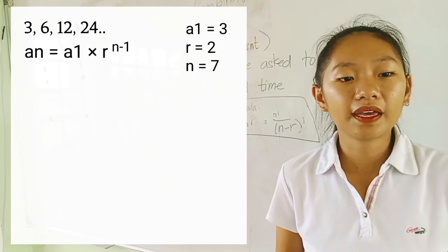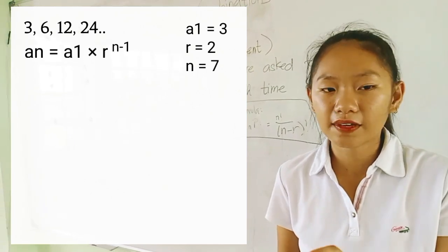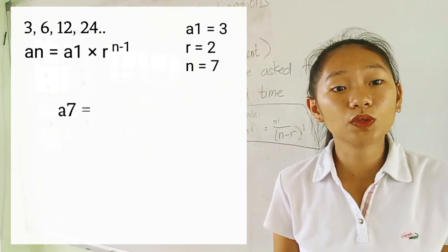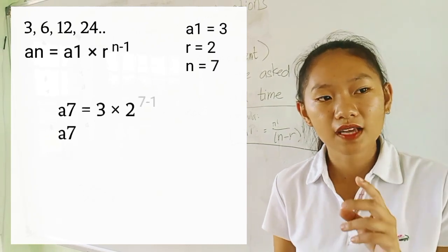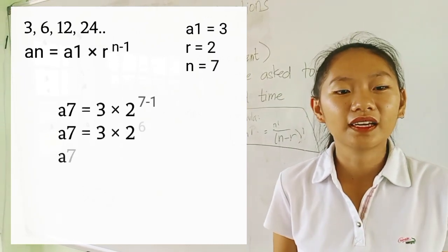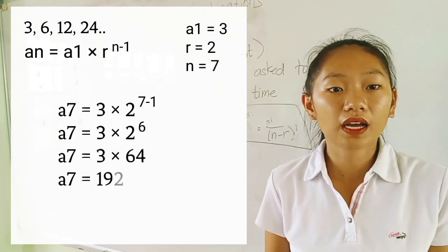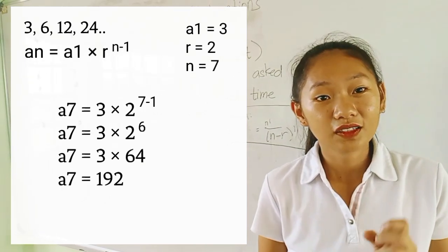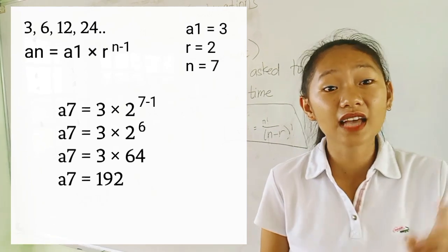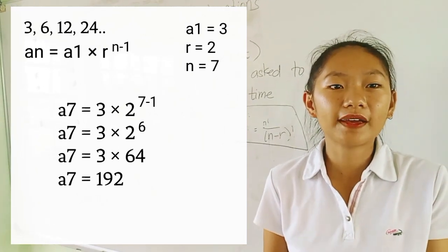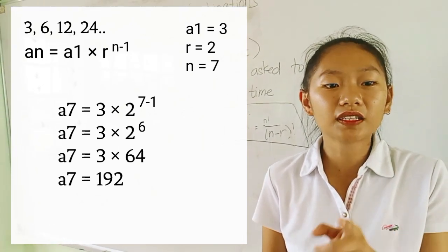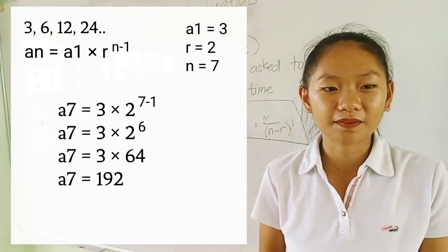So a sub n, the seventh term, equals 3, which is the first term, a sub 1, times 2, because that was our common ratio, raised to the power of 7, because that was our seventh term, then minus 1.